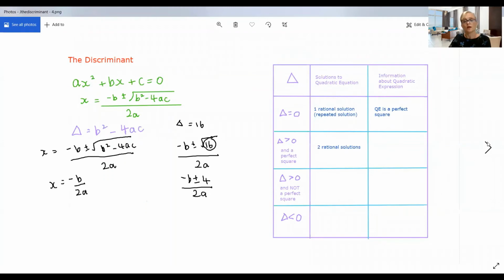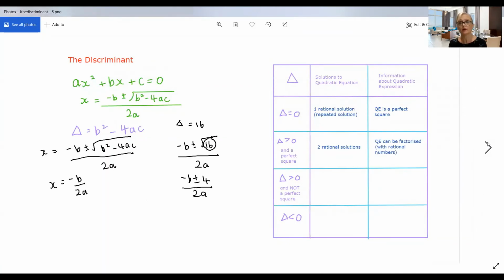Okay, now what does that mean in terms of the quadratic expression itself and factorising it? What it means is that that quadratic expression can be factorised using normal methods and getting with just rational numbers in your brackets. All right.